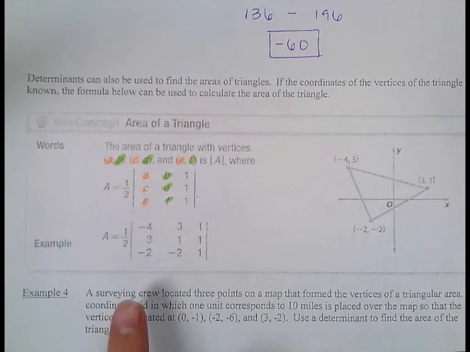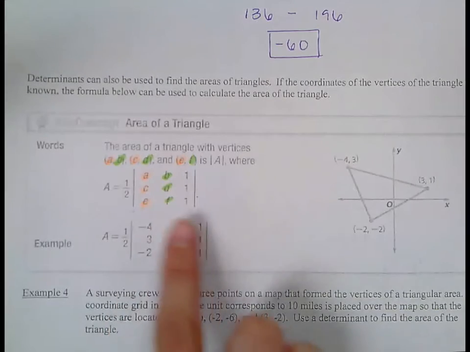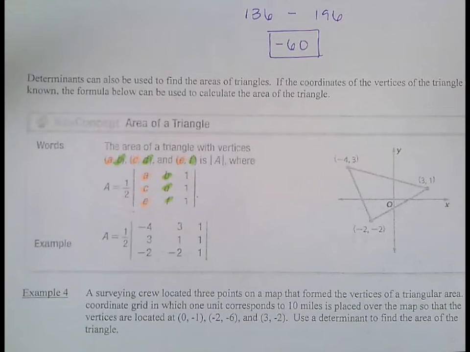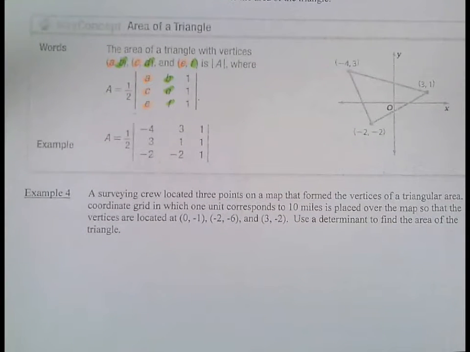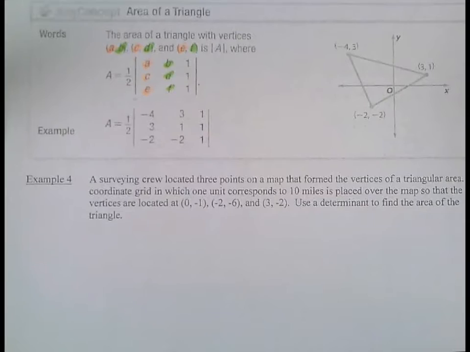The reason you're getting a negative is just the order you put the vertices in, but again, there's not a specific order. So you would just ignore the negative in that case with area. I know that seems weird to do, especially in math. We normally just don't ignore negatives, but in this case, you do drop it off.